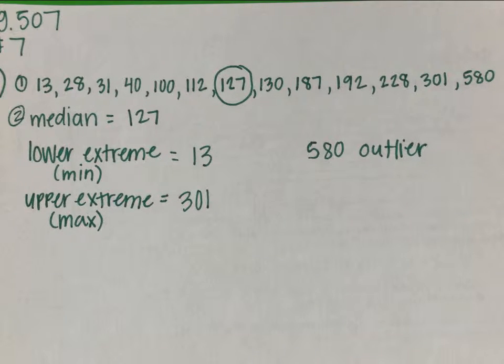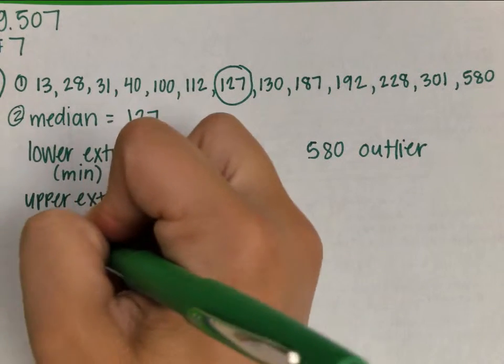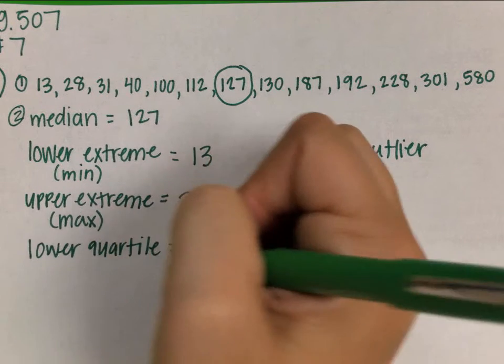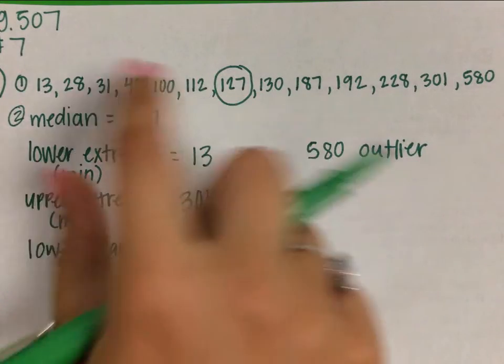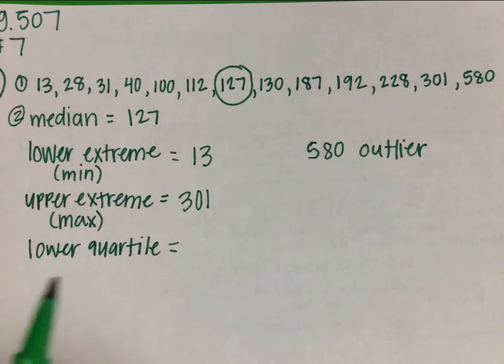All right, what else do I need to find? My lower quartile. And how do I find that again? I'm finding the median of all the numbers less than that main median, right?